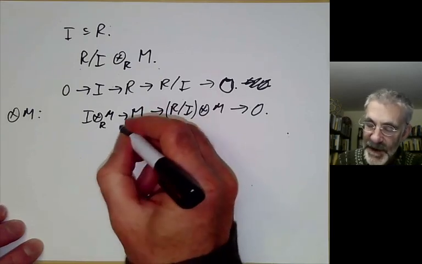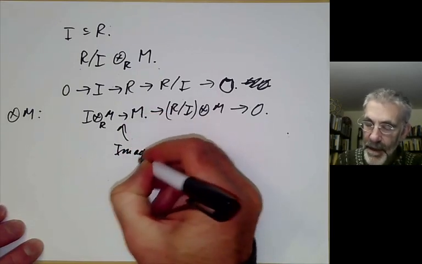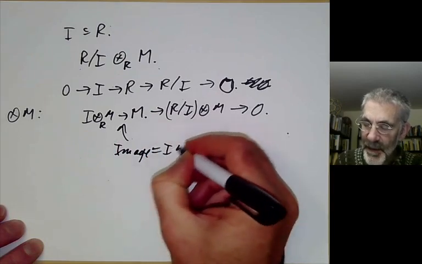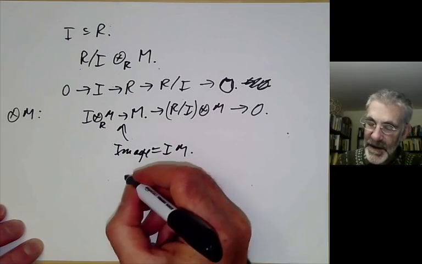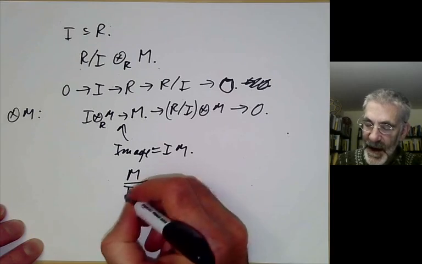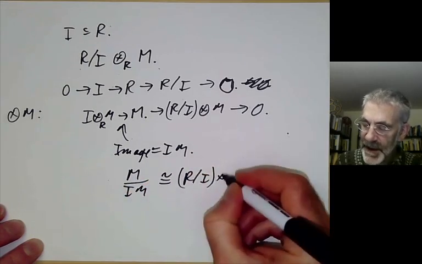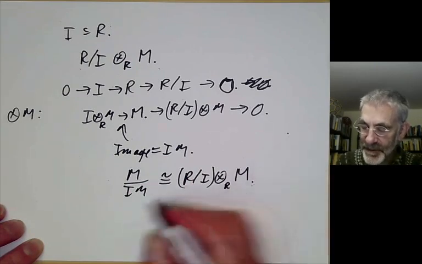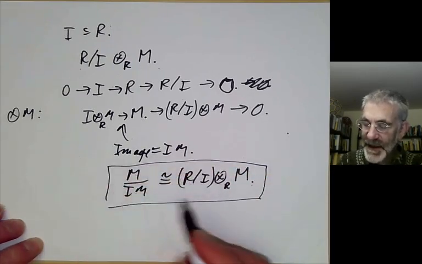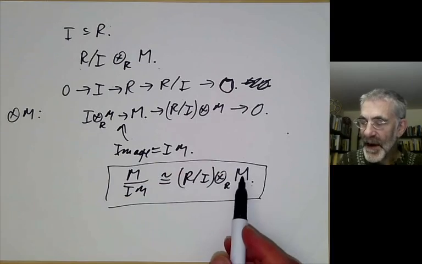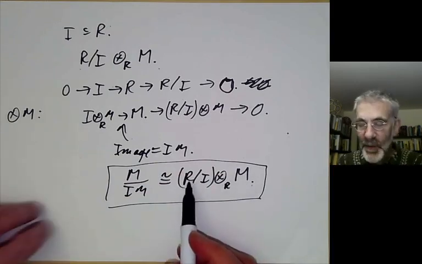So the image of this map is just going to be IM. So we see from this that M over IM is isomorphic to R over I tensored over R with M. So we've worked out the tensor product of any module with any module generated by one element.